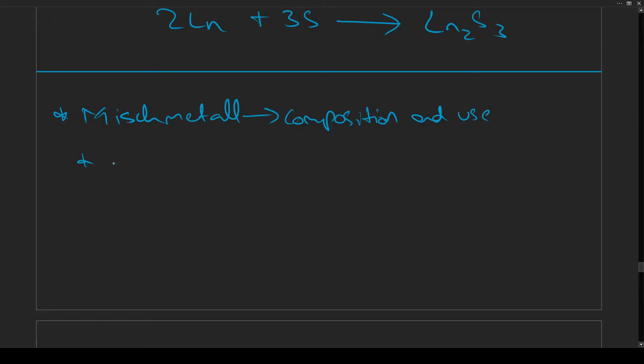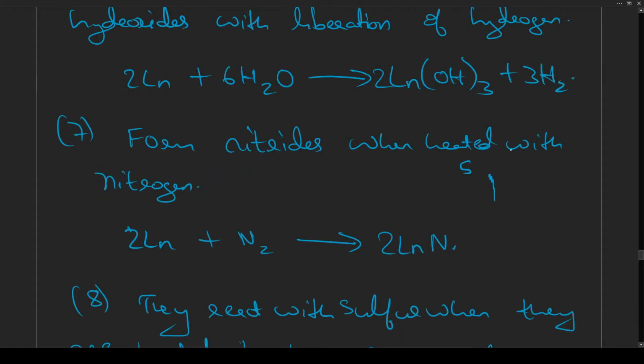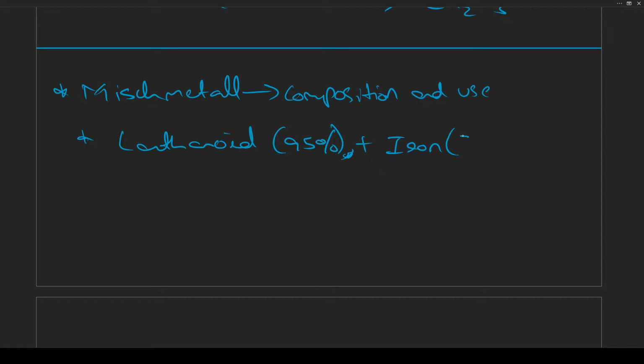The composition is lanthanoid 95% plus iron 5% plus traces of sulfur, carbon, calcium, and aluminium.